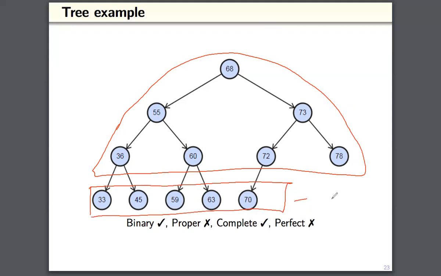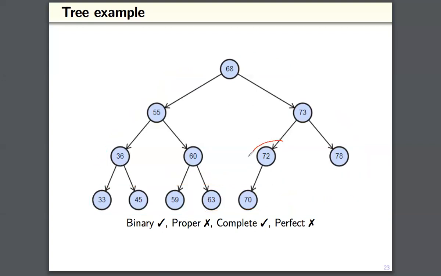We can have holes at the rightmost, that's fine. So this is a complete tree. Is this a proper tree? No. Why? Because there is a node which has only one child node, right? This has only one child node. Hence, it is not a proper tree. Is this a perfect tree? Definitely no. Holes here, right?